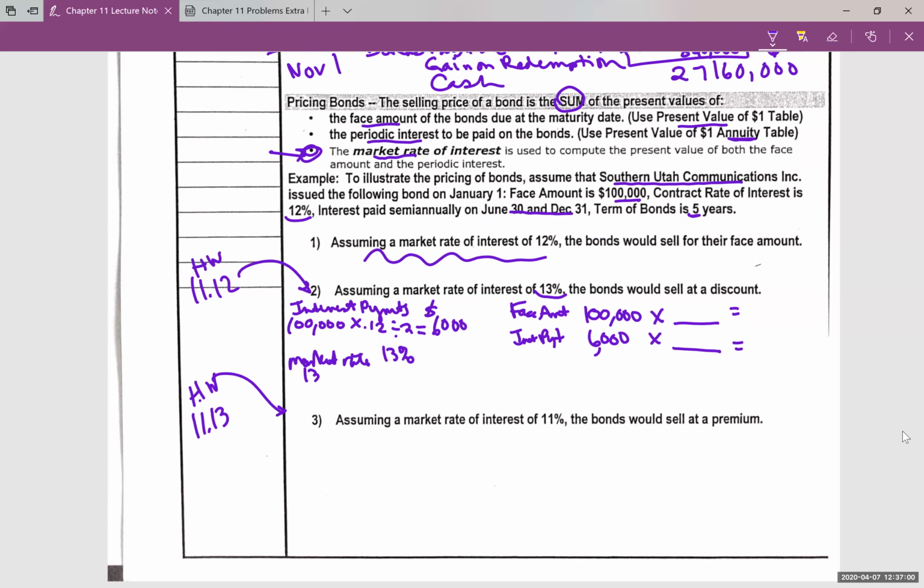I'm going to take 13% and I'm going to divide it by 2, because there's the two interest payments. And what I get here is 6.5%. And I also know that there are 10 payments because it's 5 years.